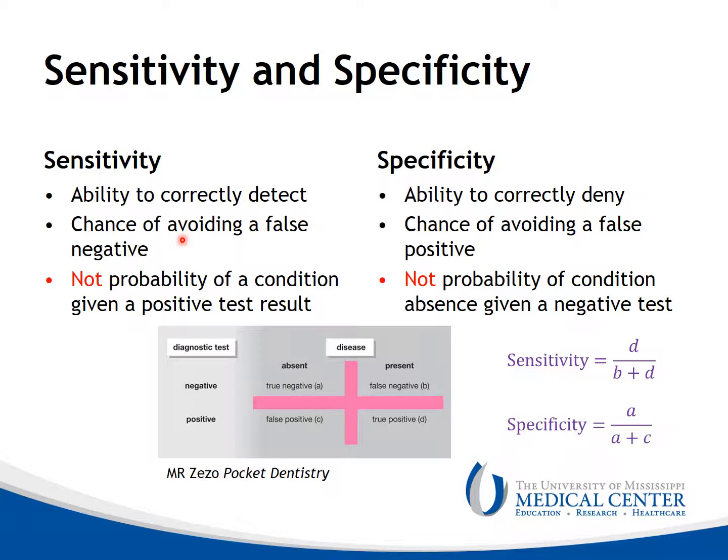And then the other one is specificity, and that's the ability to correctly deny a condition, or to say that the condition is not present when it's really not present. So you can think of that as the chance of avoiding a false positive.